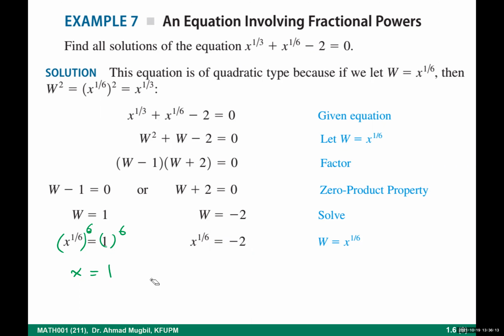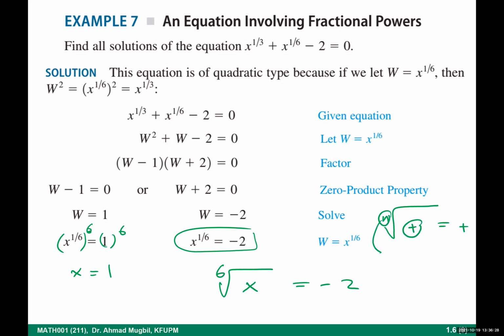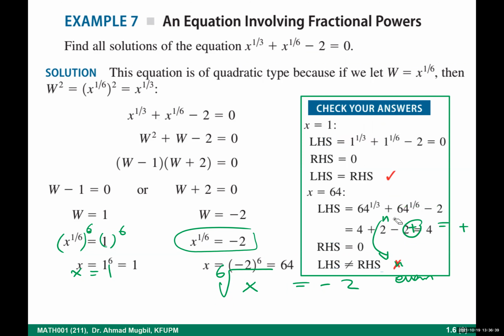This expression is not valid. The sixth root of x equals negative? No, we have agreed that this means the principal root, what is coming out here is positive, if n is even. So it was clear from the beginning. But we went with it and we check. Let's check. Here it is. The check is here.